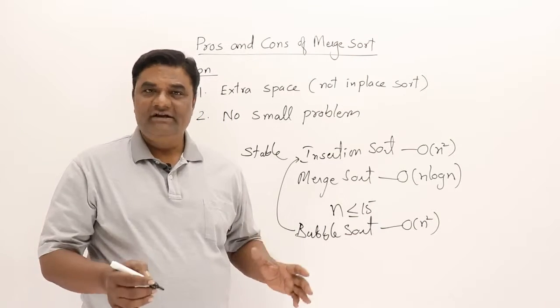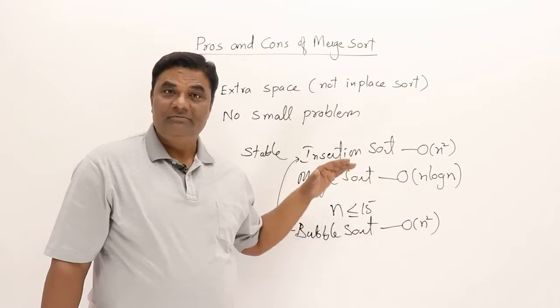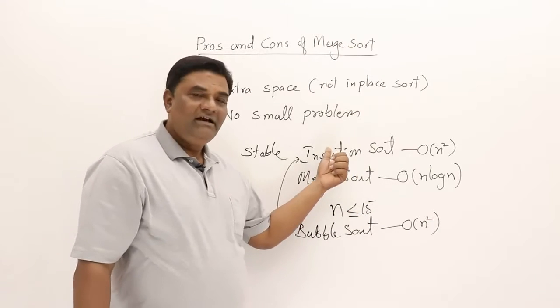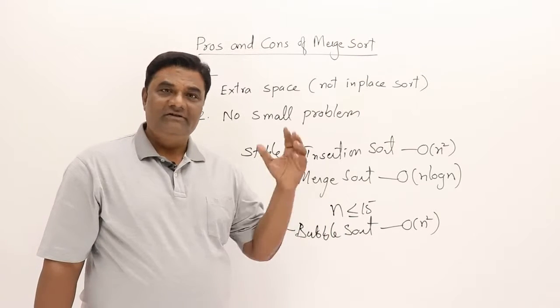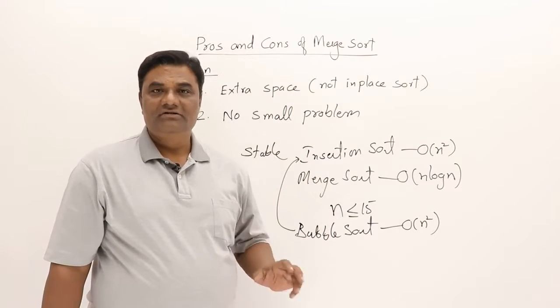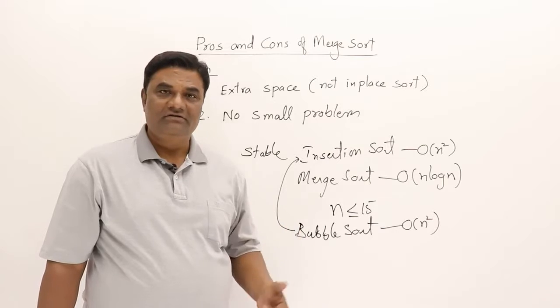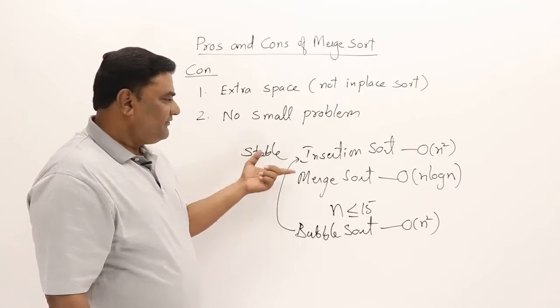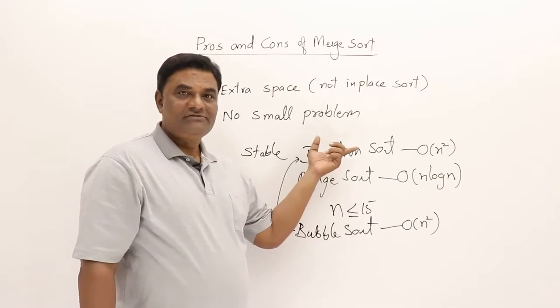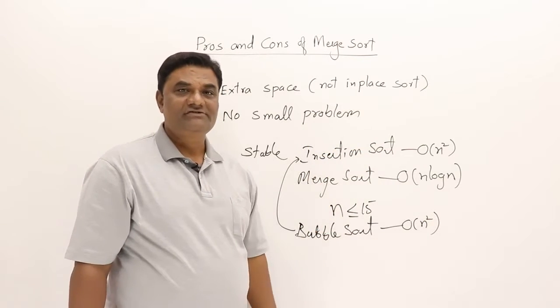Right? Actually I am discussing merge sort and the problem with merge sort, and I have not discussed insertion and bubble. You can find that in another video where I will be analyzing and comparing all the algorithms on various criteria. So here, for solving merge sort, for small problems, we take the help of insertion sort.